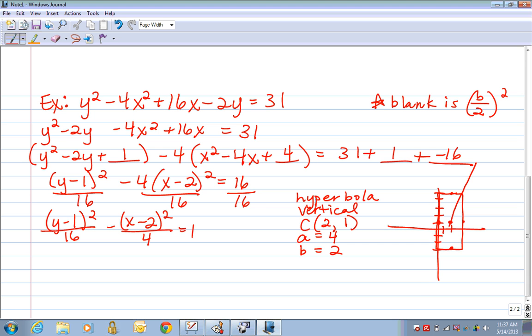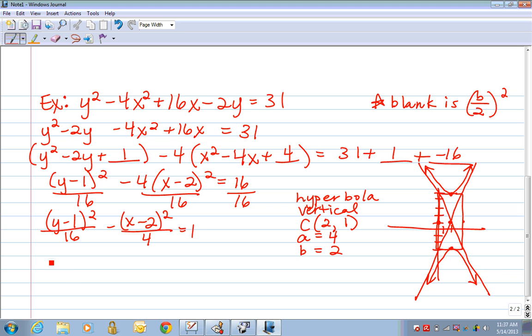And we draw the diagonals, which are the asymptotes, through the center and through the opposite corners of the rectangle. This is vertical, so we have through the vertex approaching each asymptote on each side. We have our branches opening up and down.